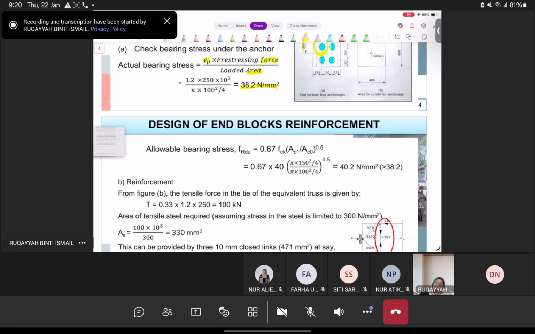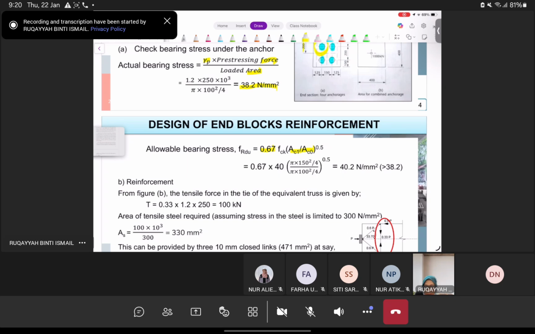By code, normally you have a certain specific formulation that we have to follow. For example, according to the code, we have 67% of your stress. That means your stress multiplied with 0.67, multiplied with your concrete strength, and Ac1 divided by Ac0 is more on the ratio.